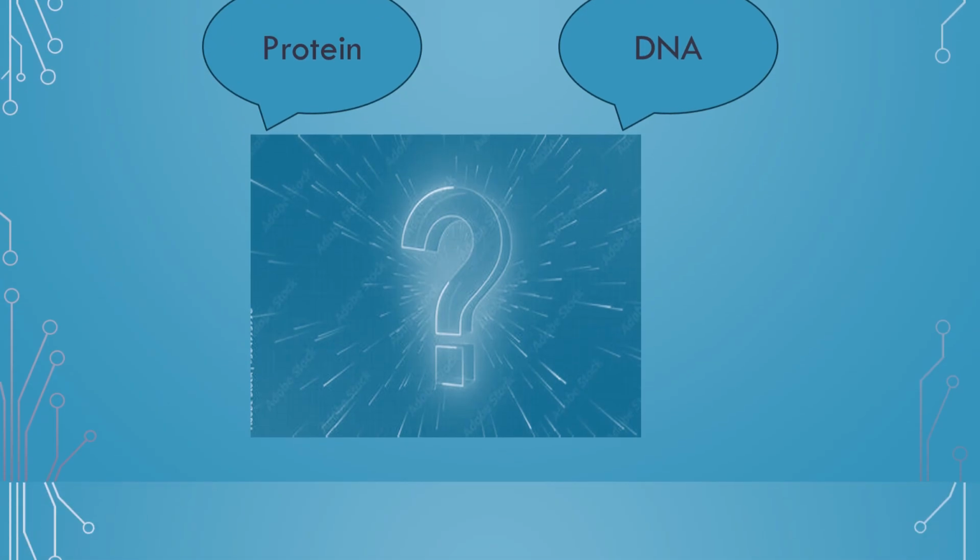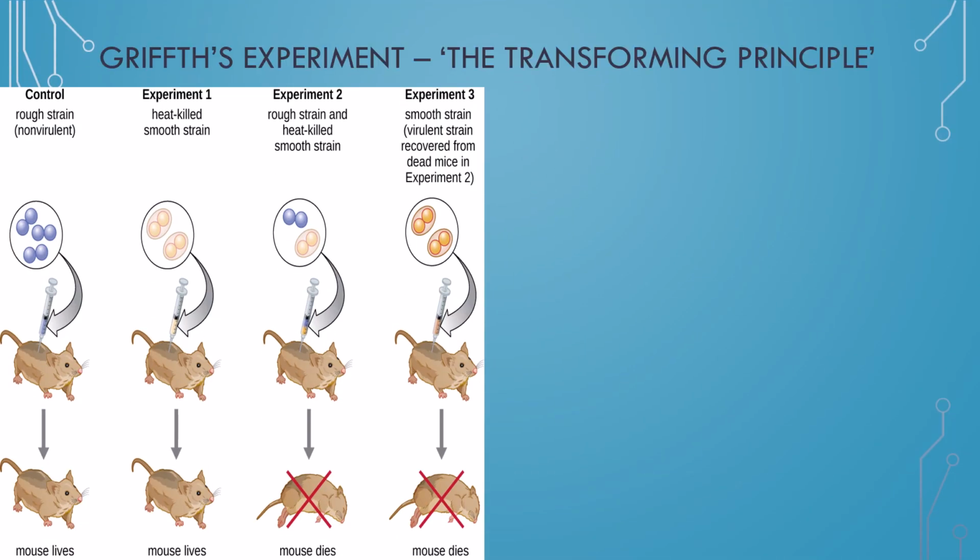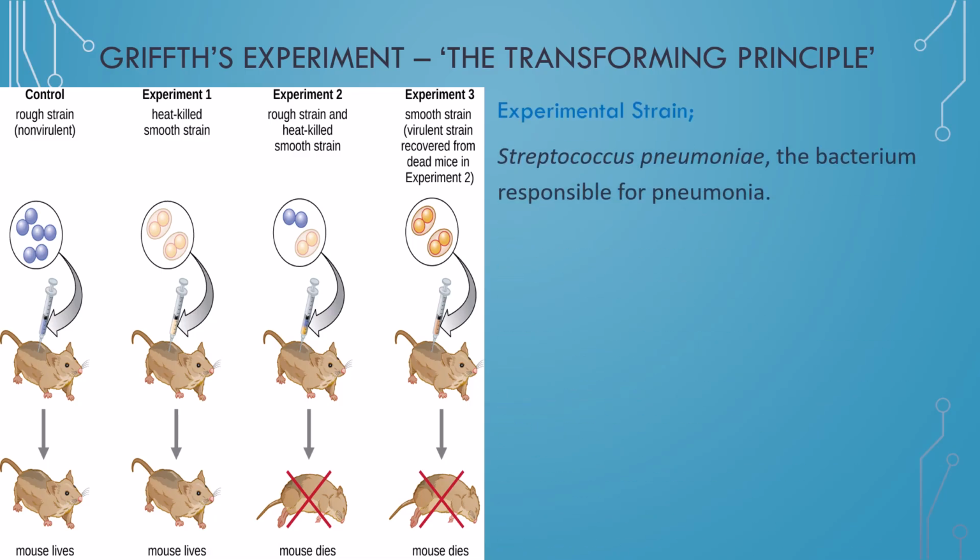Then came the groundbreaking experiment of Griffith in the year 1928, wherein his experimental strain was Streptococcus pneumoniae and his experimental animal was mice. Griffith chose two strains of Streptococcus pneumoniae. One, an S strain, which was a virulent, capsulated, smooth strain that caused pneumonia in mice.